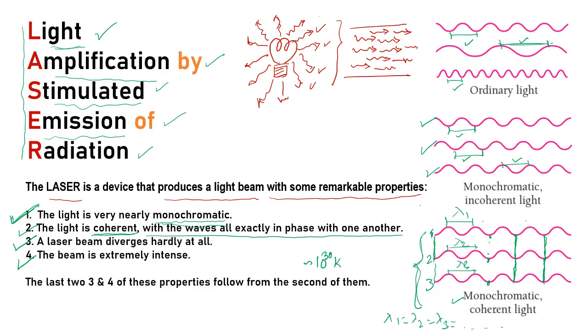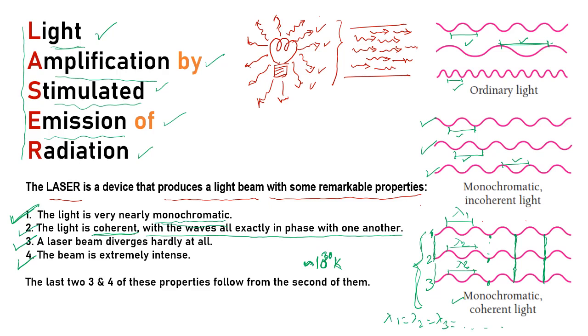So if you take a laser beam and see its energy density per unit volume, and you want the same energy density from some other ordinary light, then that light would have to be at a temperature of nearly 10 to the power 30 Kelvin, and this is almost impossible. That's why the beam is extremely intense.